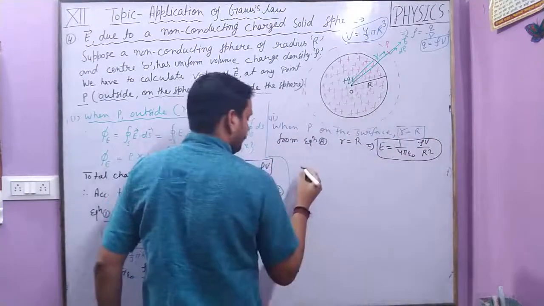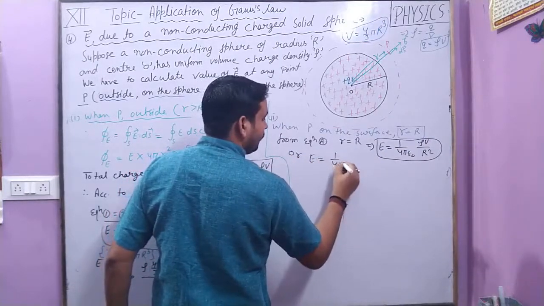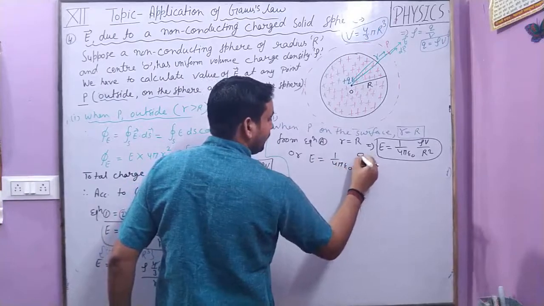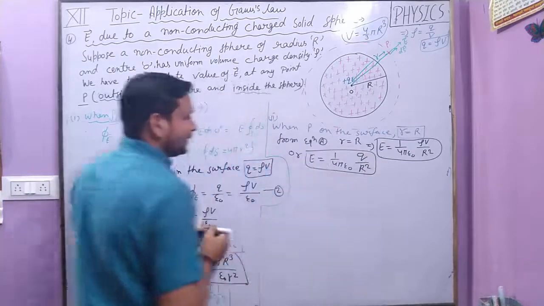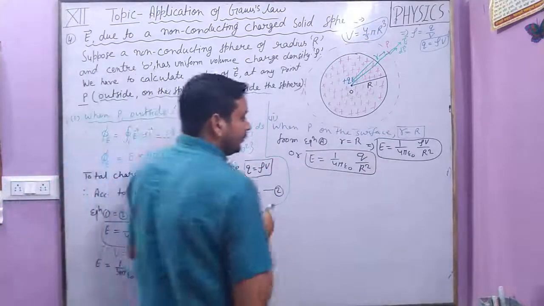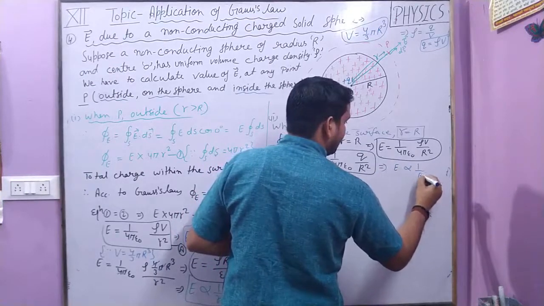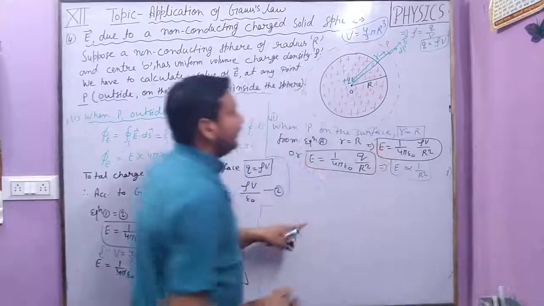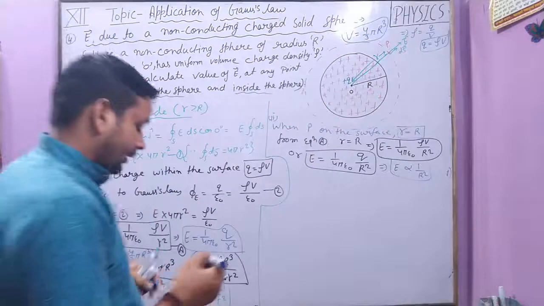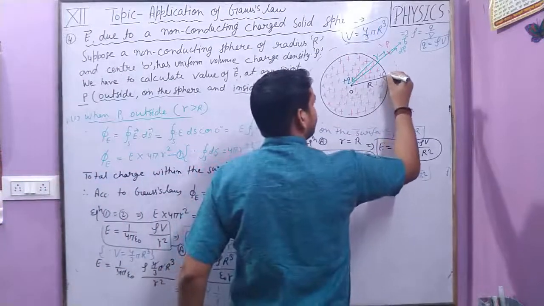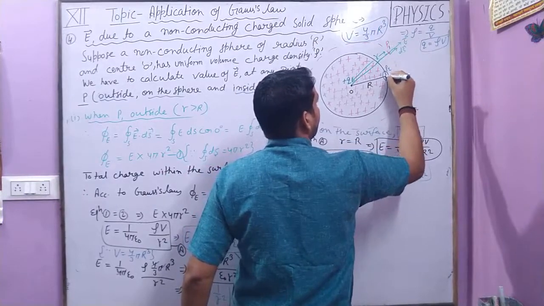Or you can also say that this electric field is equal to 1 upon 4 pi epsilon naught q upon capital R square. From this relation you can easily observe that E is inversely proportional to capital R square when P is on the surface. At this point, this is P1, this is P2 here.